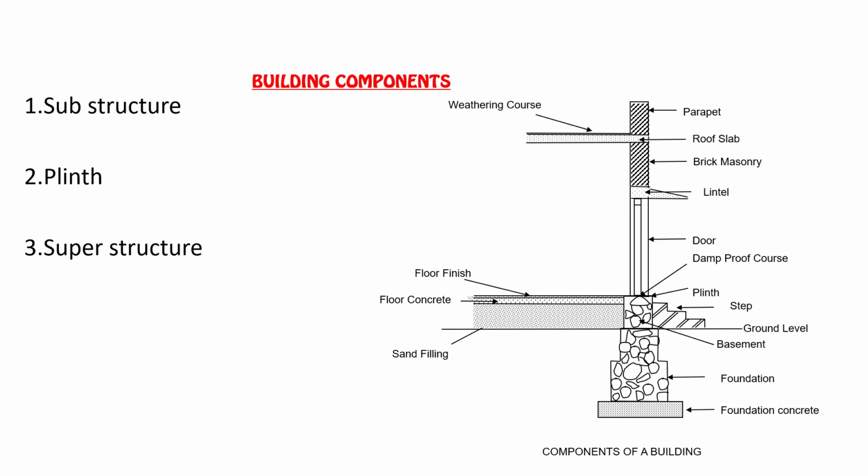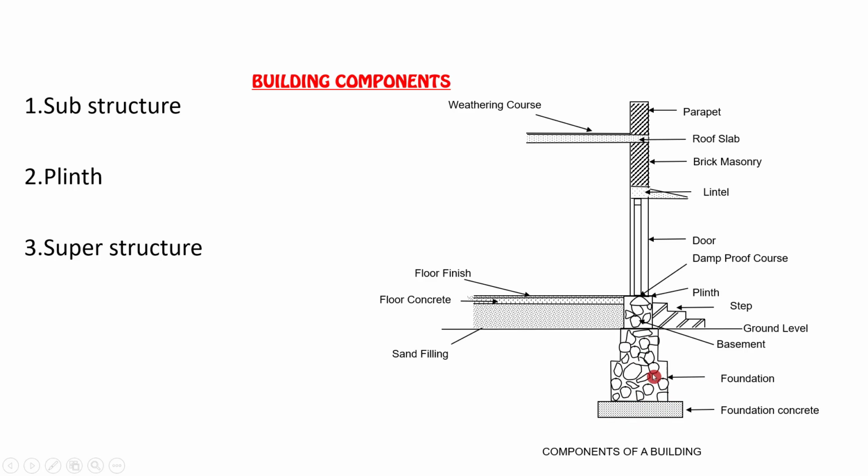At the bottom, the contractor will dig a hole and put the foundation concrete throughout the perimeter of the building, and internally also if there are walls. So first we will put a foundation concrete. The entire load will come through this foundation concrete to the soil or the ground.